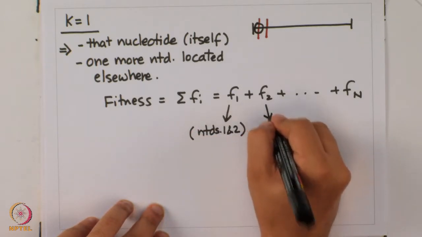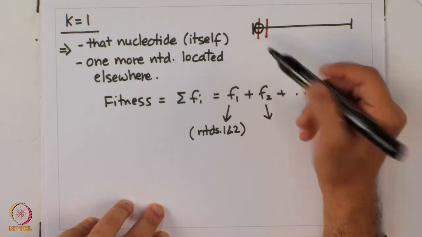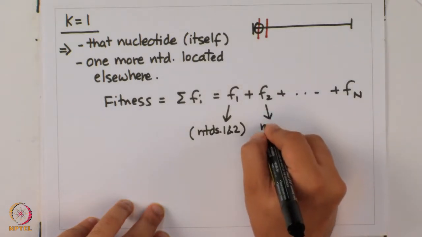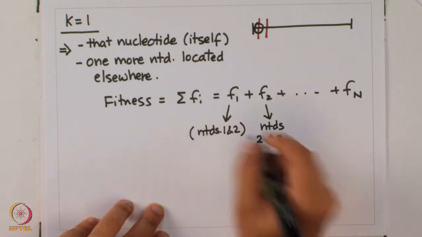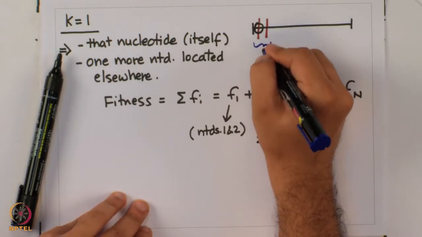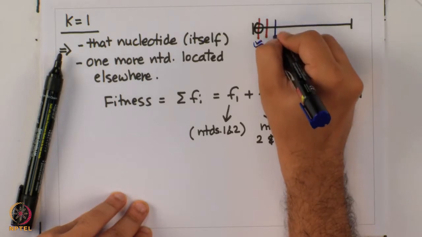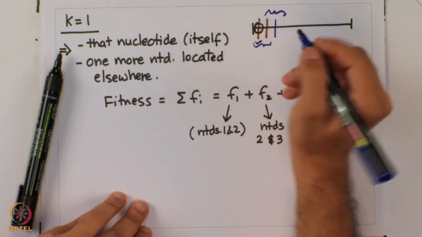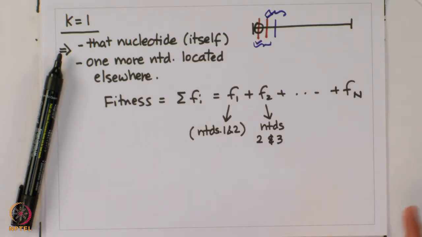Similarly, F2, which is the relative contribution to fitness from the second nucleotide, will be dependent on nucleotides 2 and 3, its neighbors. So, these two go together to determine the fitness contribution from this base, these two go together to determine the fitness contribution from this nucleotide, and so on and so forth.